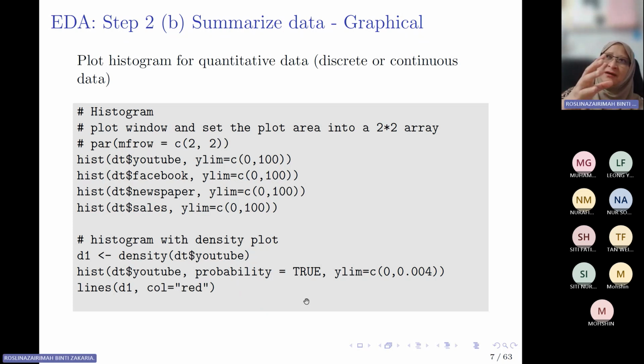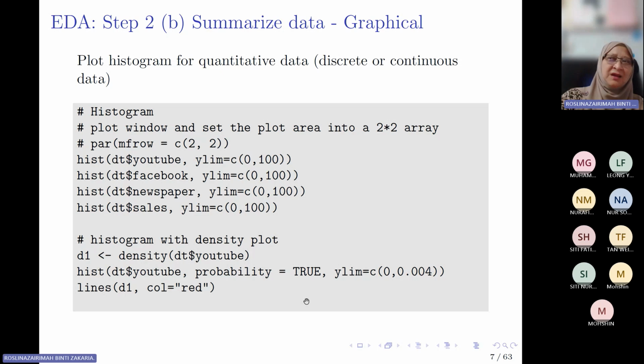If you have three variables, can you overlap them on top of one another? 2 histograms, if you overlap, it is okay. But if you have 4, can you see what's going on? Do you get my point?